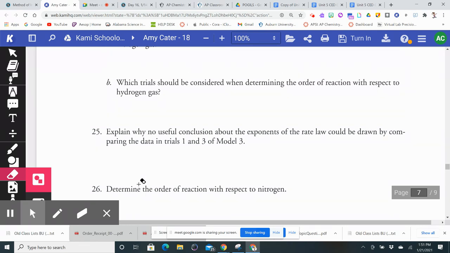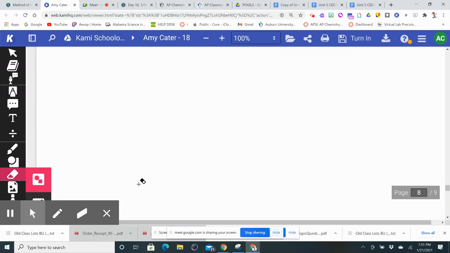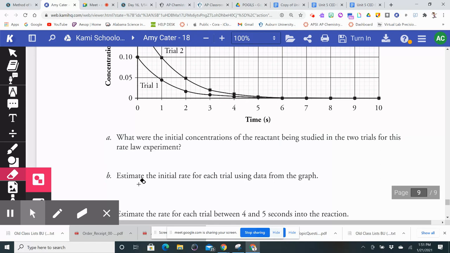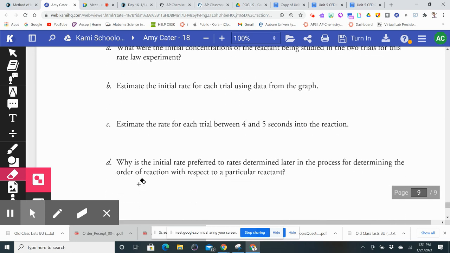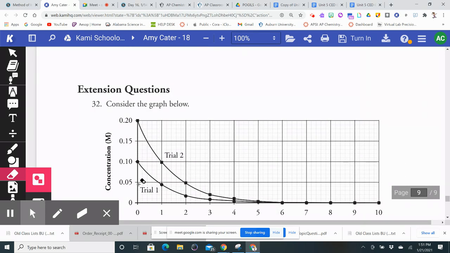And then at this extension, we might actually get to the Ed Puzzle for Mondays, which is instantaneous rate. That may come on that extension question, and you'll be using the graph for that.